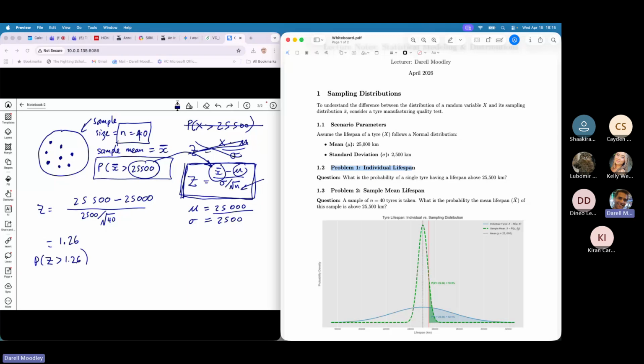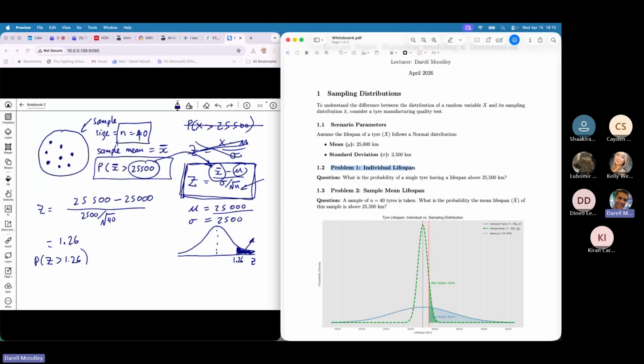So if I draw this graph, your Z, 1.26, is here, and you work out the probability of Z greater than that. So you have to work out this area here. And this just follows from last week. It's exactly the same as how we did last week.